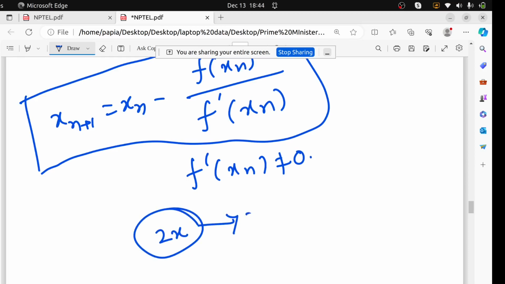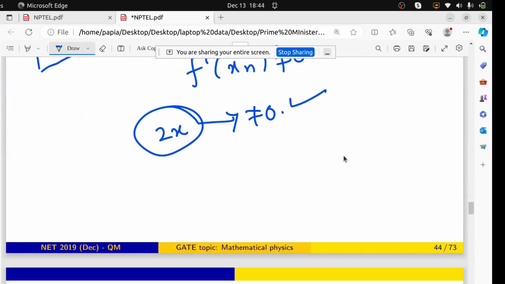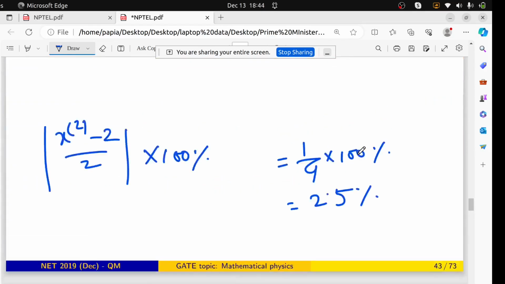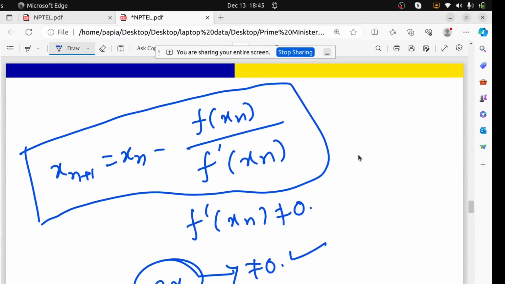And 2 into x was not equal to 0. Then our condition is satisfied, and the iteration is good here. And the f of x was x square minus 4. I think you understood that one. Okay. Then we can go to the next question.